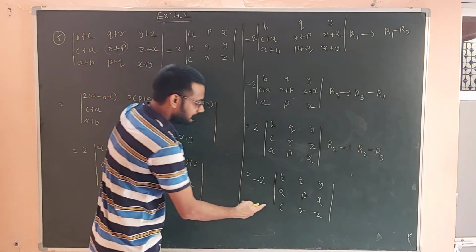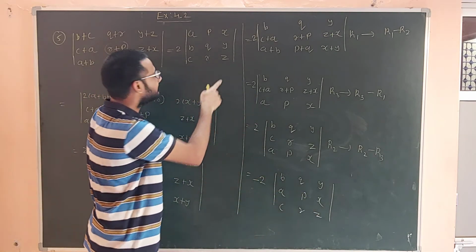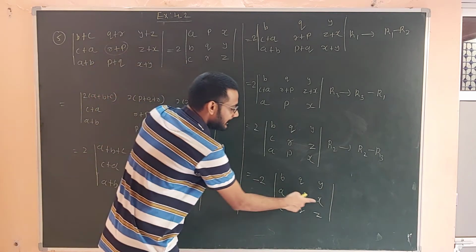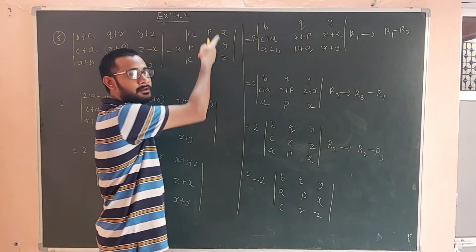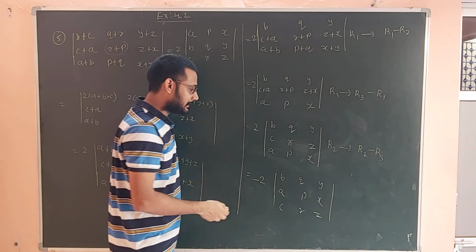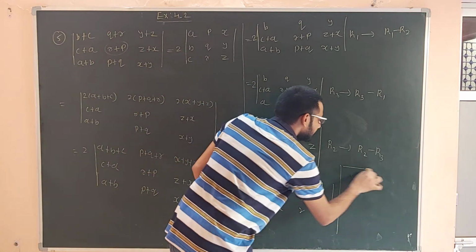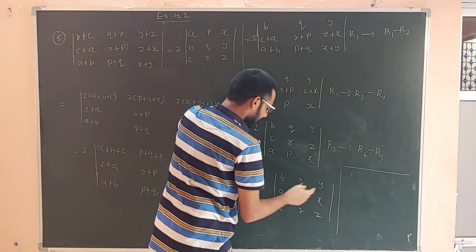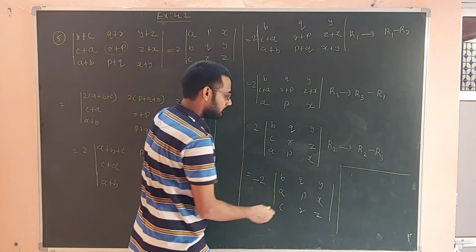Again, see, we get C, R, Z as it is, but here A, P, X in the second row, but we need it in the first row. So again we will change it. So what will we do? Here we exchange row 1 and row 2, okay.